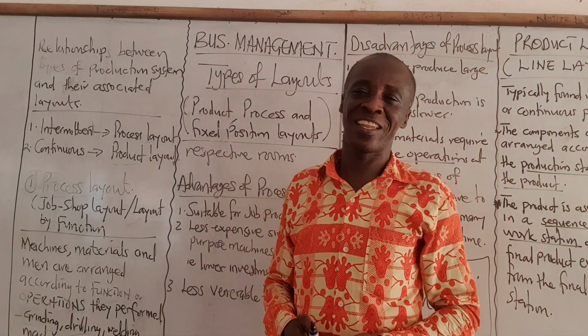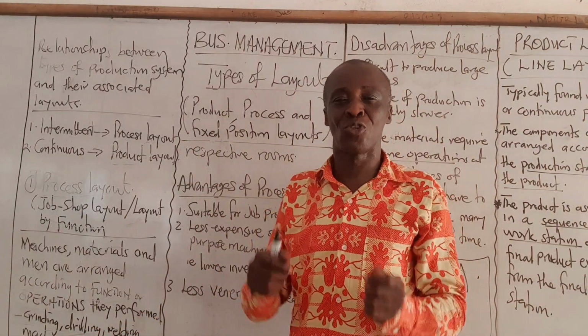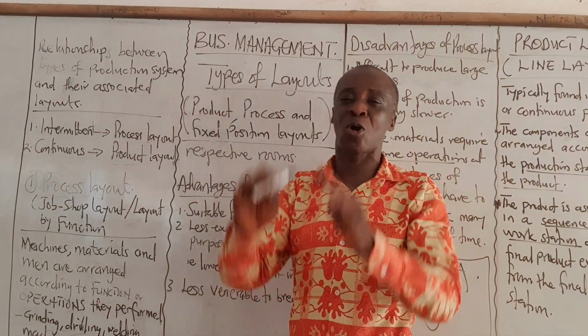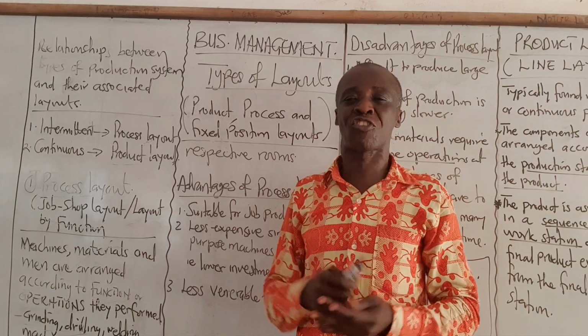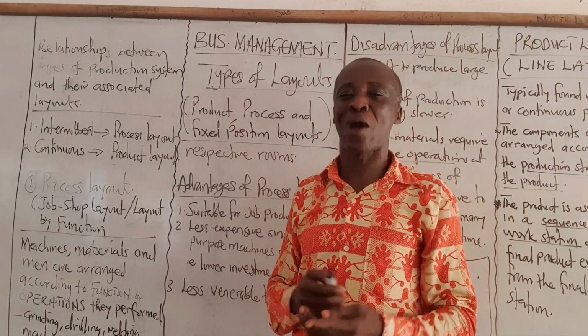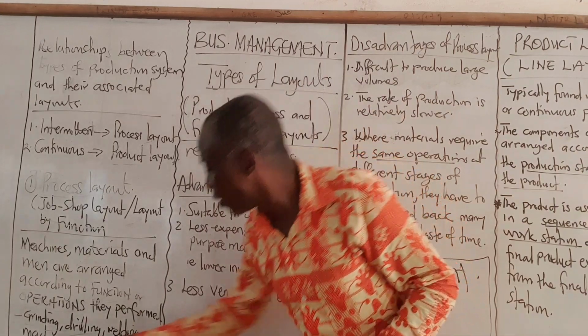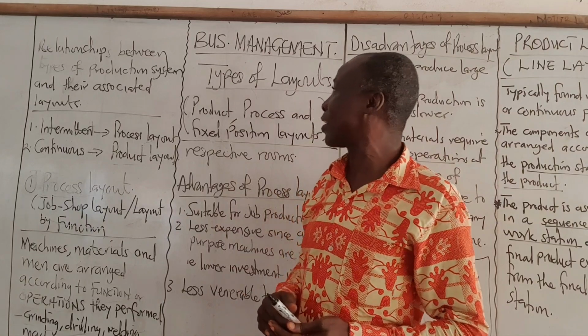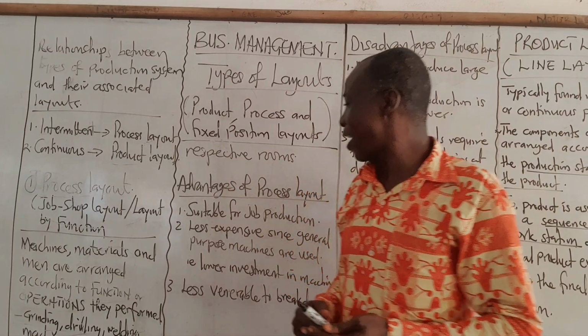All drilling machines that are meant for drilling will be in one drilling room. In producing that one, you need grinding machines, you need drilling machines. Then all welding machines will be in one welding room. Every machine that is needed will be put there. So that is for that one.